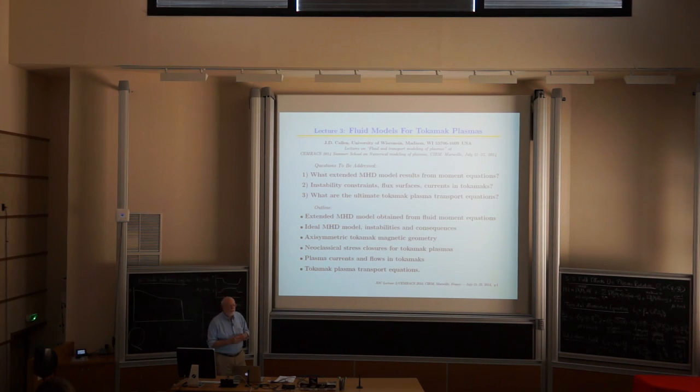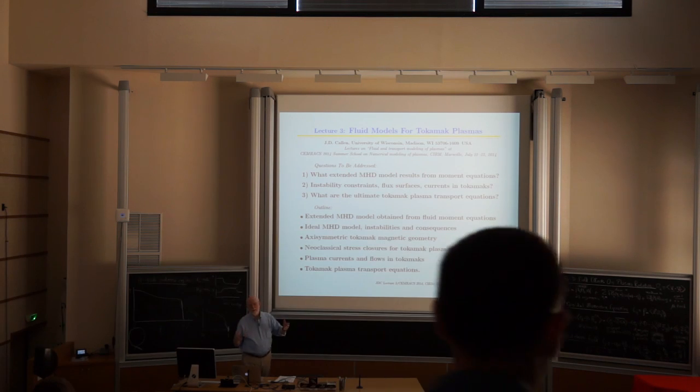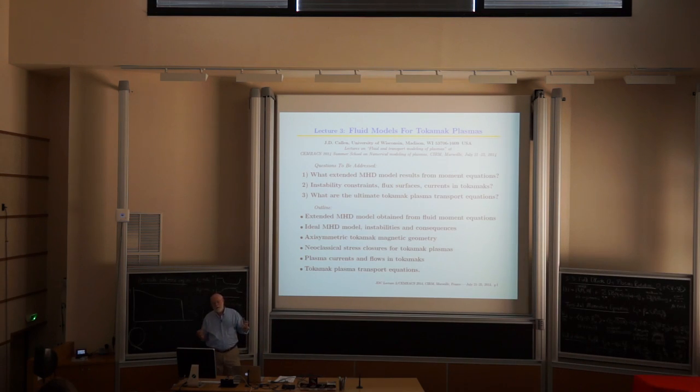And then we talked a little bit about the instability constraints and the flux surfaces and currents and the Grad-Shafranov equation. You had better make sure you have ideal MHD stability, because if you have MHD instabilities, they kill you.